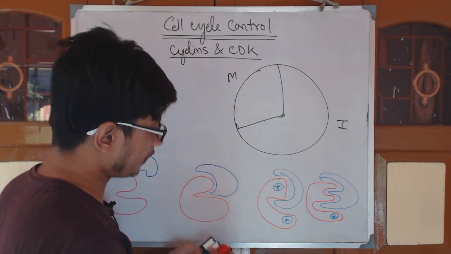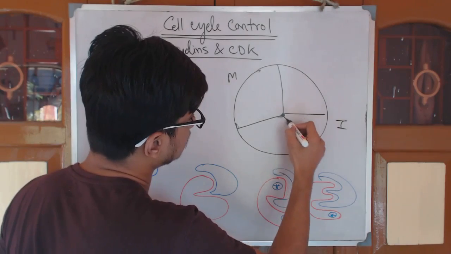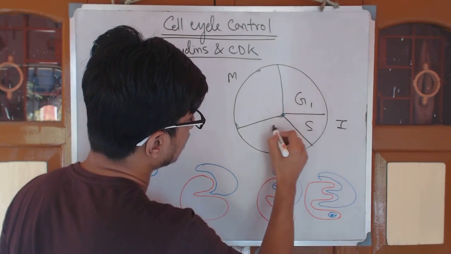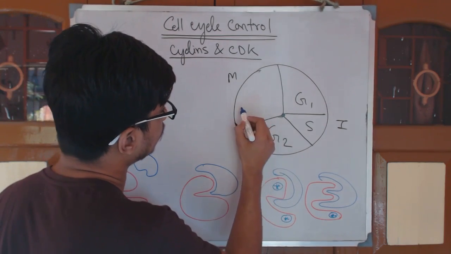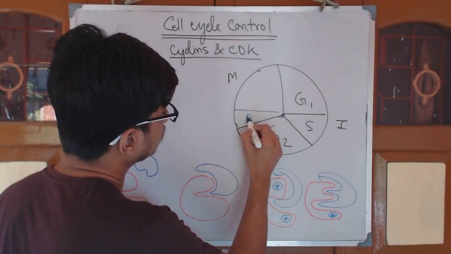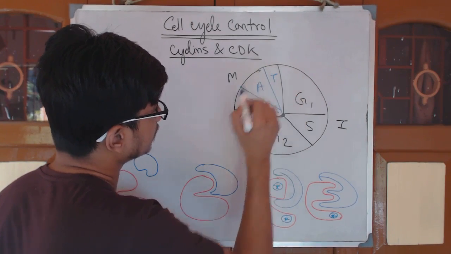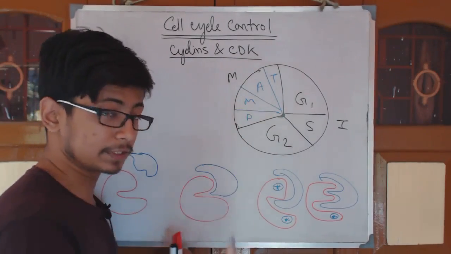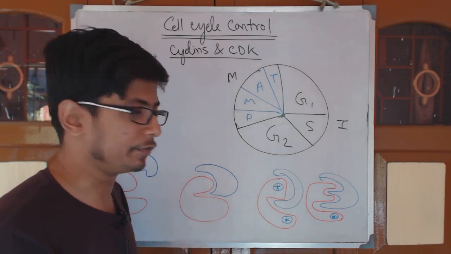In the interphase, let me divide it into three sections: G1 phase, S phase and G2 phase. The M phase we divide into four: prophase, metaphase, anaphase and telophase. This is the overall cell cycle for a mitotic cell division.